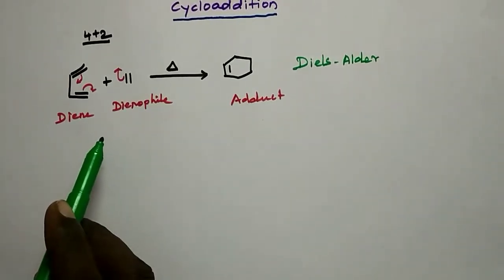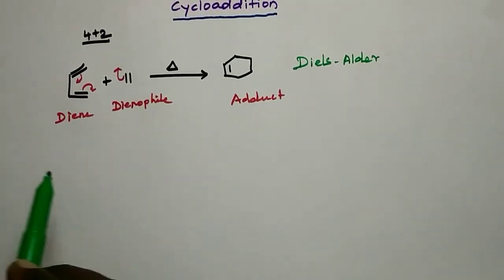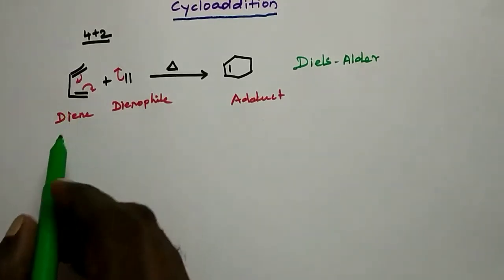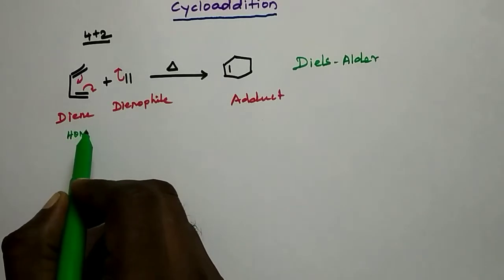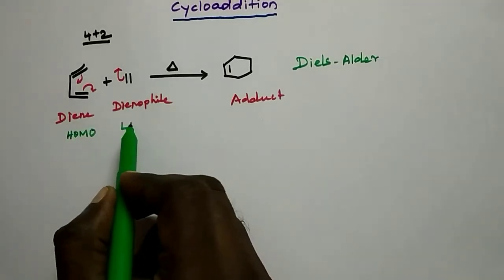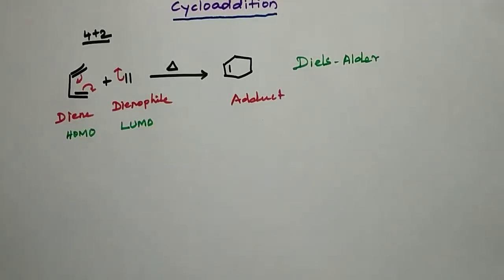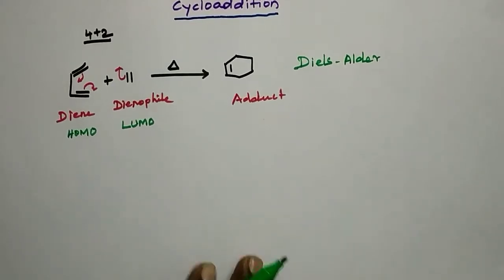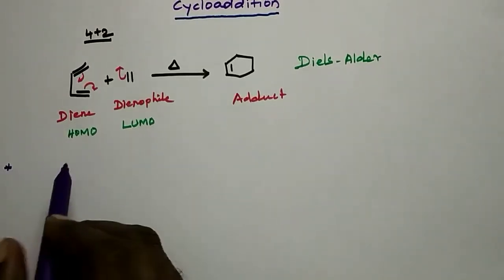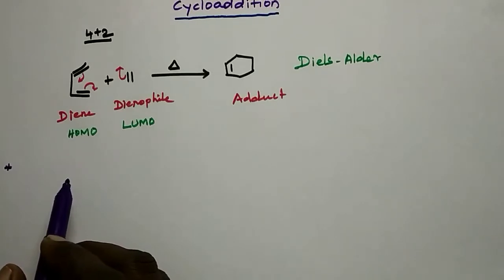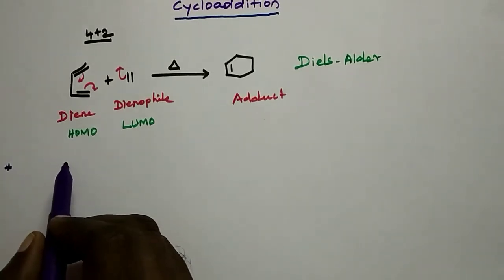How the diene should be, how the dienophile should be. In the previous video I told you that I used HOMO of the diene, LUMO of the dienophile. First of all, the diene should be electron rich.